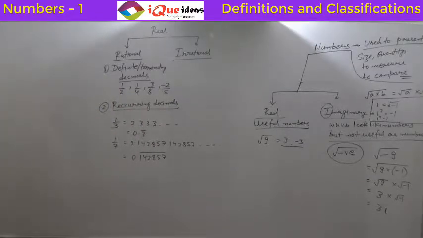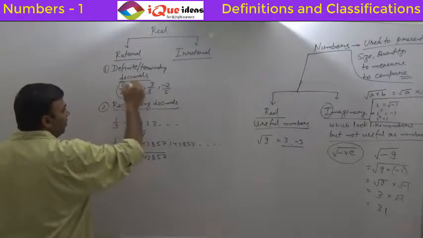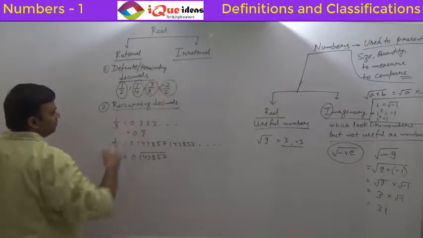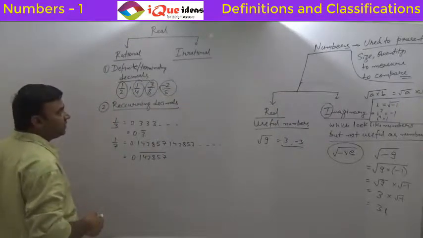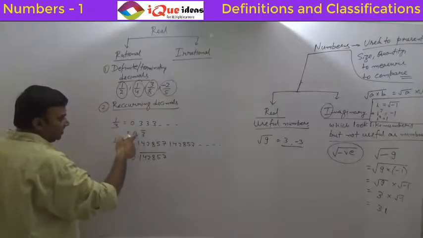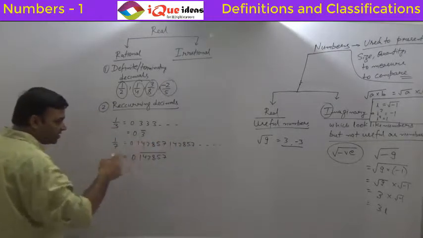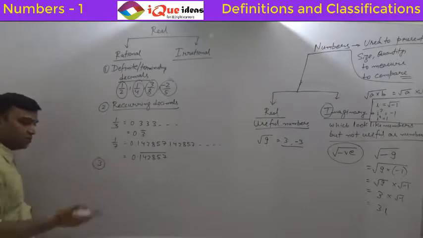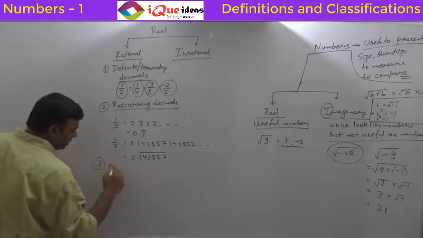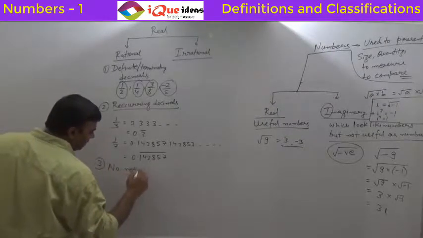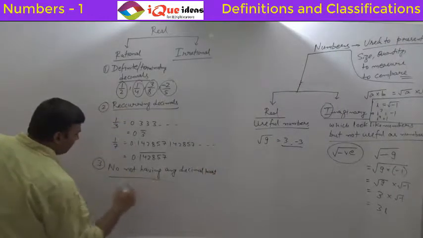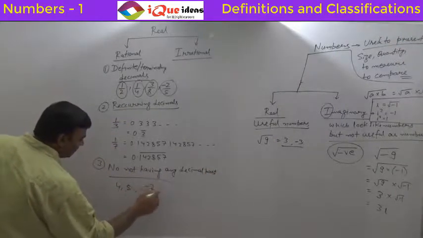One thing that is invariably common in all these, you see, they are all in the form of a ratio. These are the numbers which have some definite decimals. These are the numbers which have infinite decimals but there is a pattern. Or the numbers which do not have any decimal part, like 4, 5, minus 7.